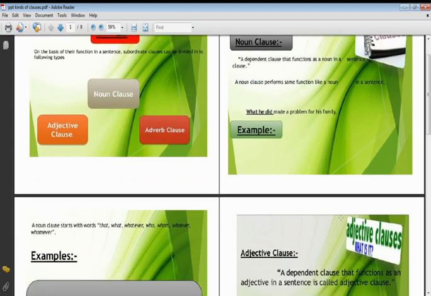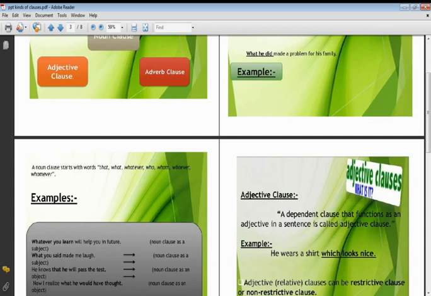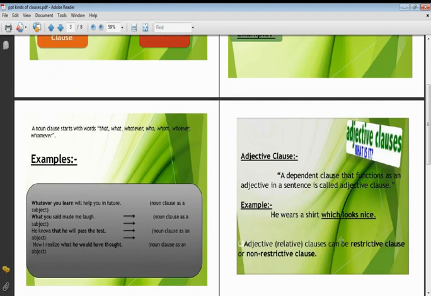Like you can see in the other examples, a noun clause starts with certain words. So this is a list of all the subordinating conjunctions with which a noun clause starts. Whenever you see that a subordinate clause is starting with these conjunctions, it means that it is a noun clause. Some examples are here.